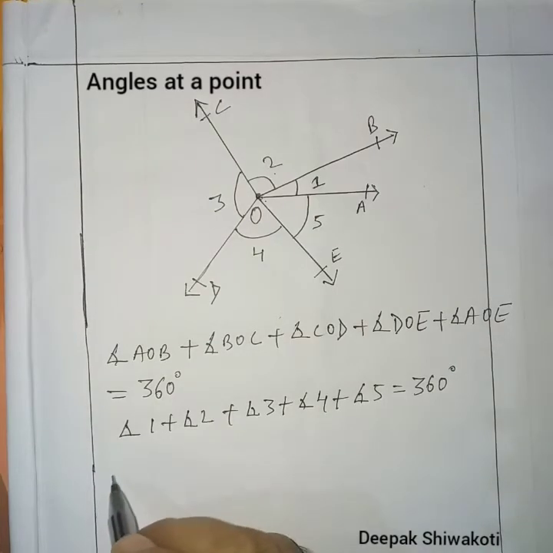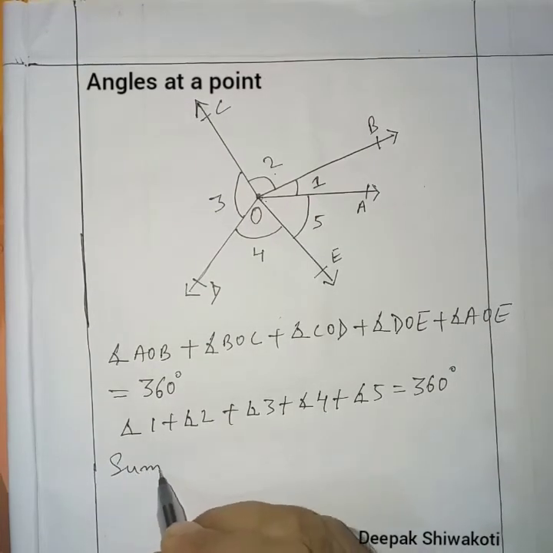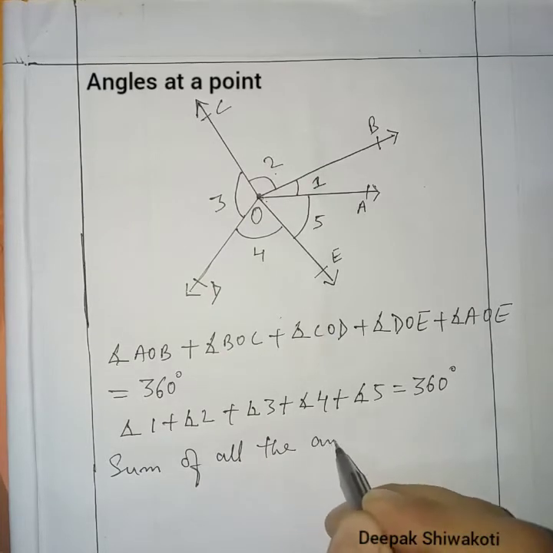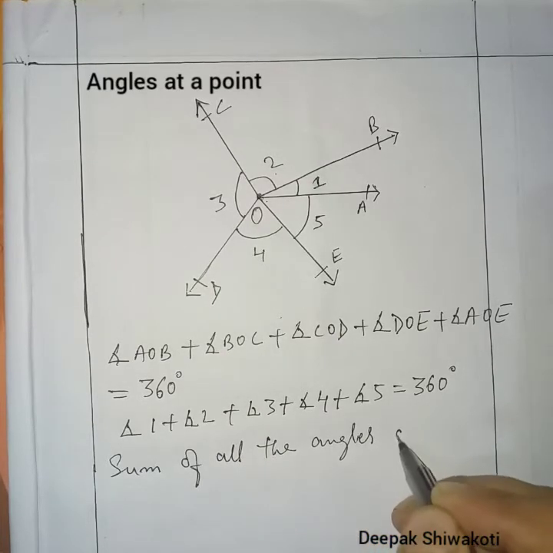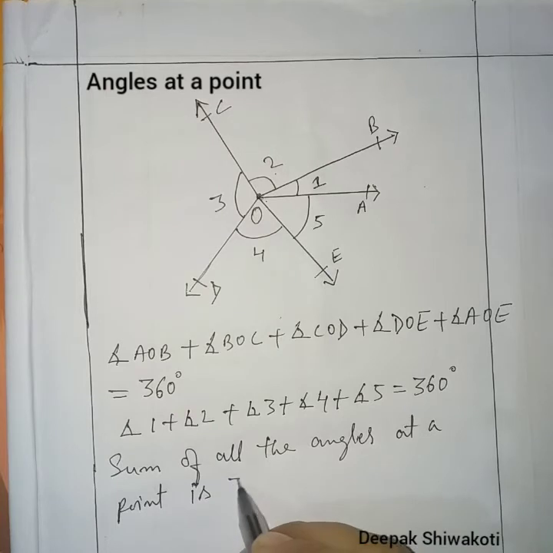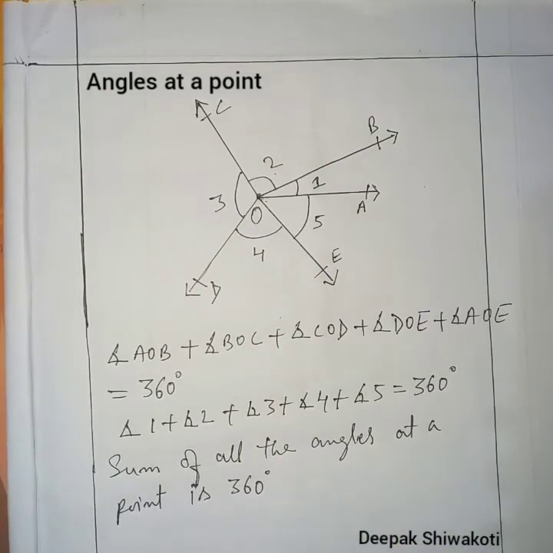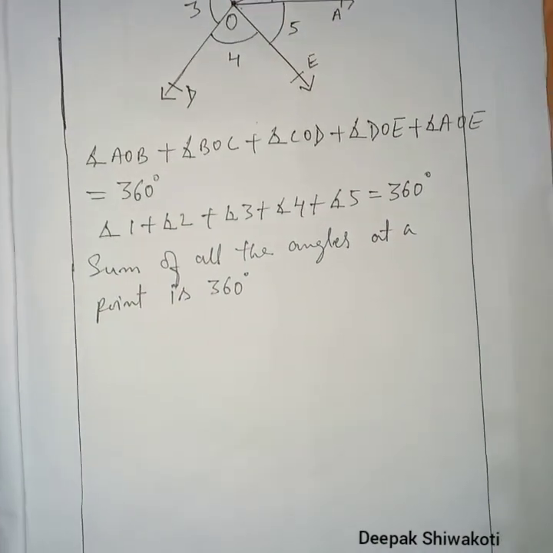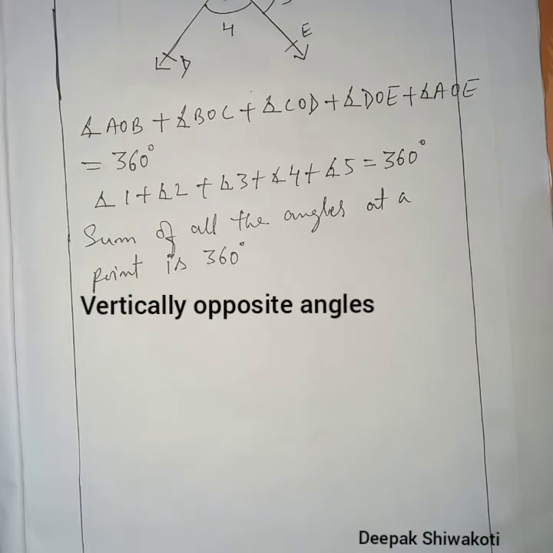The property is: the sum of all the angles at a point is 360 degrees. Now let us try to understand vertically opposite angles.